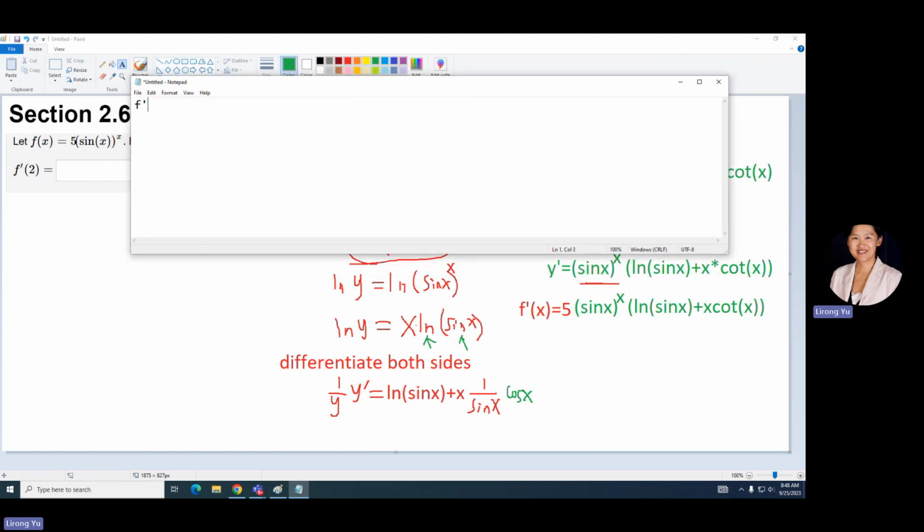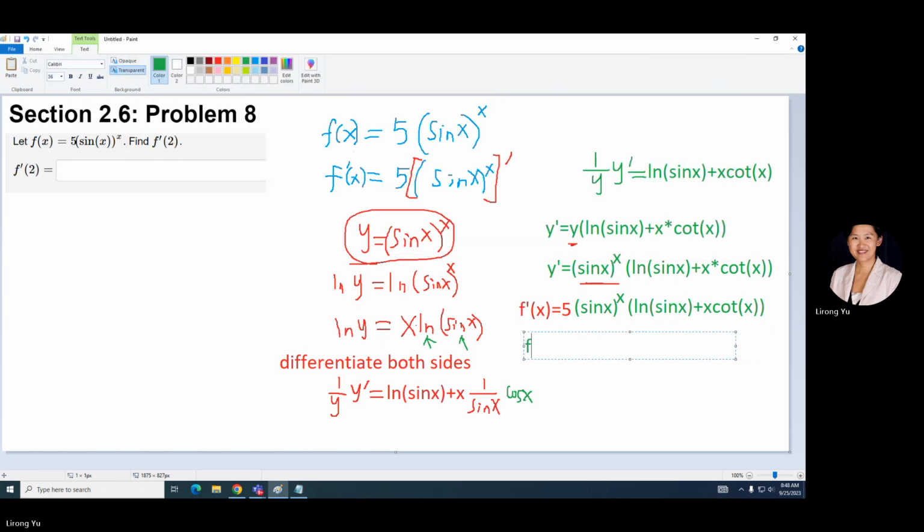So f prime of 2 is equal to 5 times sine 2 raised to the power 2, multiplied by the sum of ln of sine 2 plus cotangent 2, and 2.